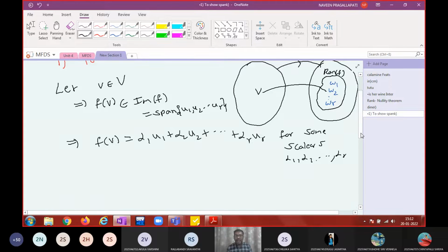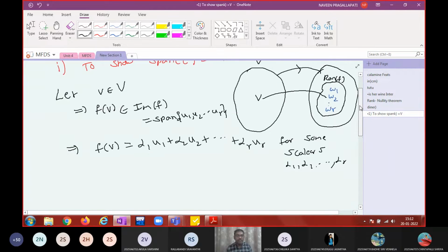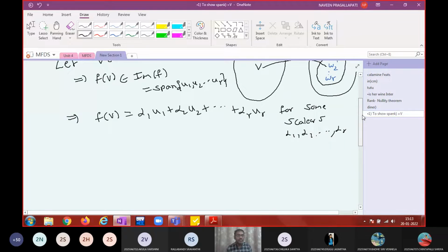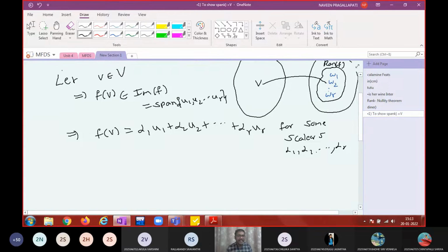Now you define a vector like this. Now you define a vector v dash like this.